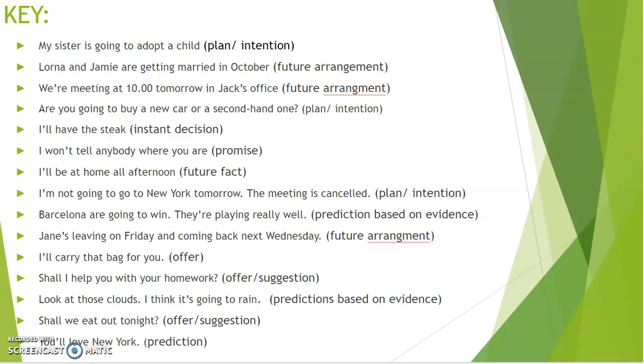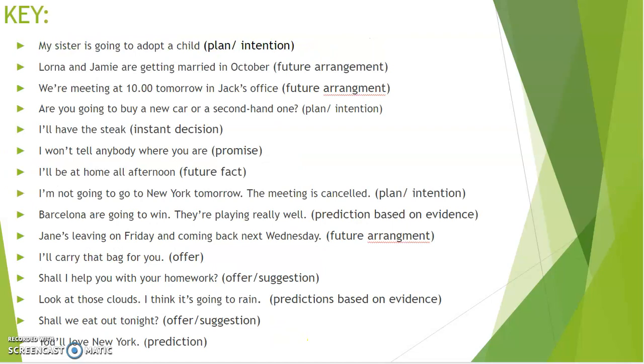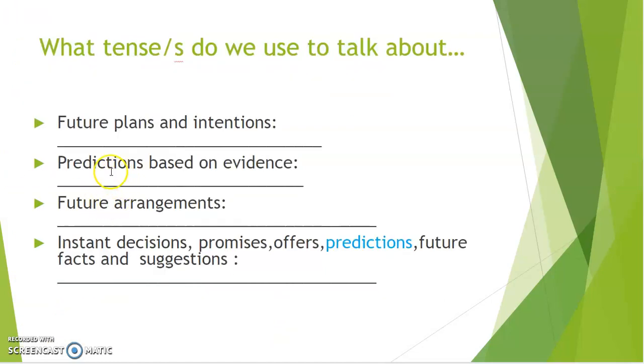All right. Okay, so I hope I've explained this well. And I propose another activity. After doing the previous one, can you tell me, based on these sentences, which tense do we use to express these four things?